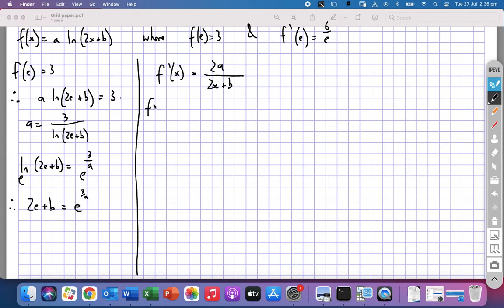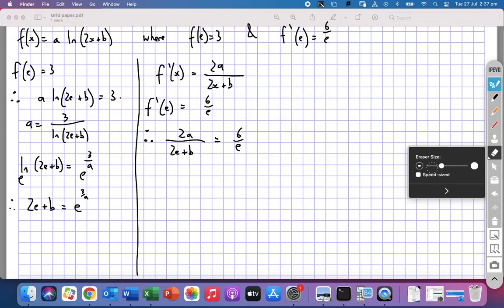We know that if we substitute an e into this derivative, we get the answer 6 on e, therefore 2a on 2e plus b, and the 2e plus b's popping up over here, equals 6 on e. We could divide both these by 2, which might help tidy them up a bit. So divide by 2, divide by 2.